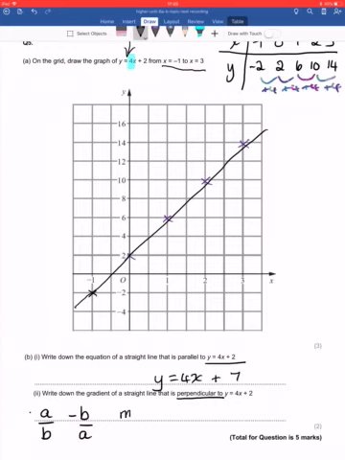So m equals 4, and as a fraction, that's 4 over 1. So if we do the reciprocal and flip it, the perpendicular is going to be 1 over 4 and negative because it's perpendicular. So they've answered it because they only asked for the gradient. So the gradient is minus a quarter. So it's really important that you know these facts.